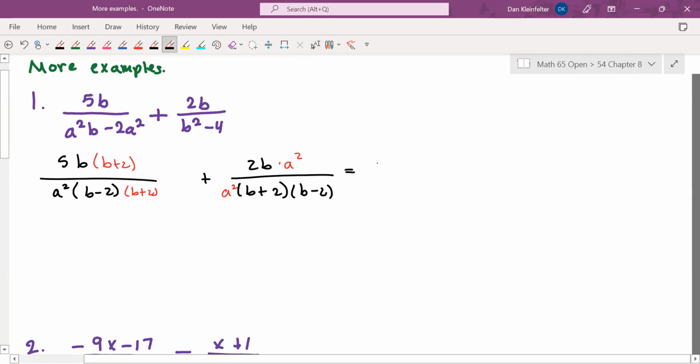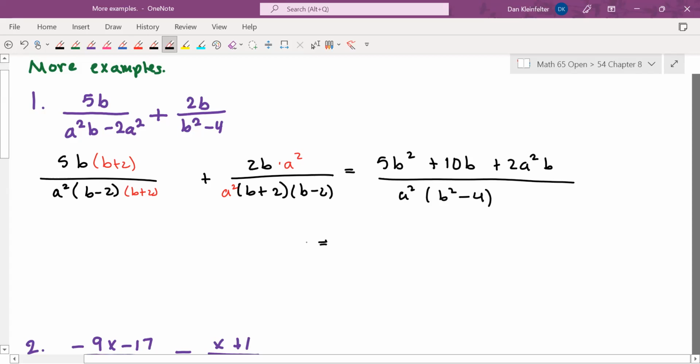And so let's begin multiplying out the add-ins in the numerator. We'll have 5b squared plus 10b plus 2a squared b in the top. And then down below, I'll do this in 2 steps. We'll have a squared times b squared minus 4.